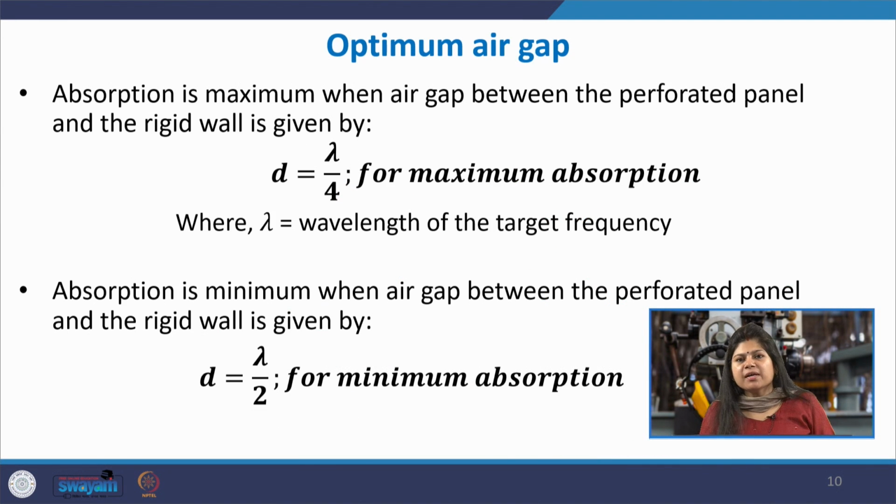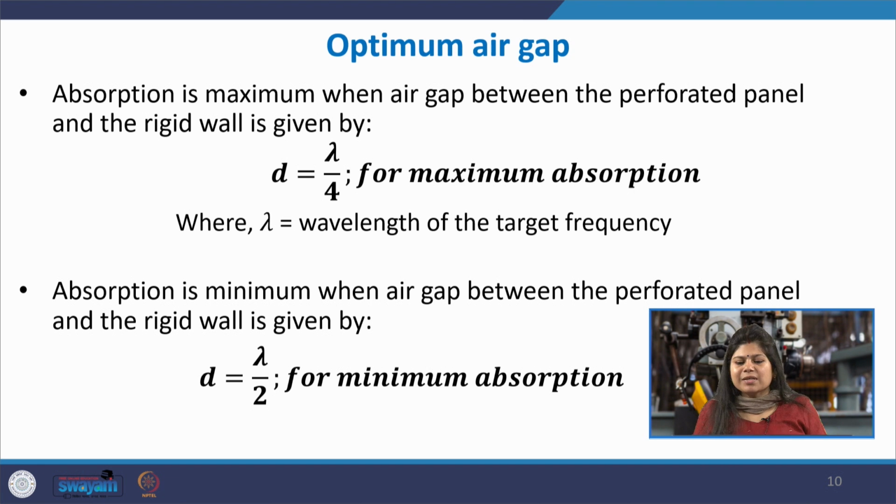Now, optimum air gap. What should be the optimum gap between the perforated panel and the rigid wall? Just like we studied for panel absorbers, where we saw that at lambda by 4, if we keep the distance between the panel and the rigid wall of the room as lambda by 4, we have maximum acoustic particle velocity, and hence the vibration and the resonance phenomena multiply, and there you can get the maximum absorption.